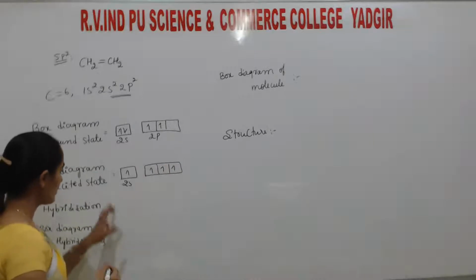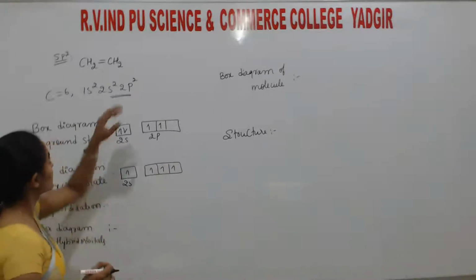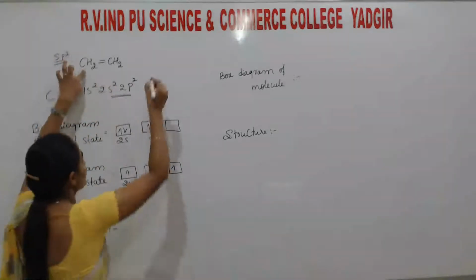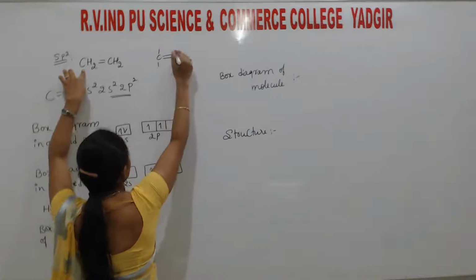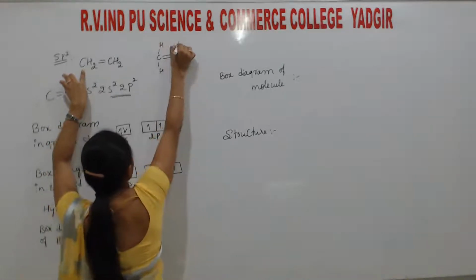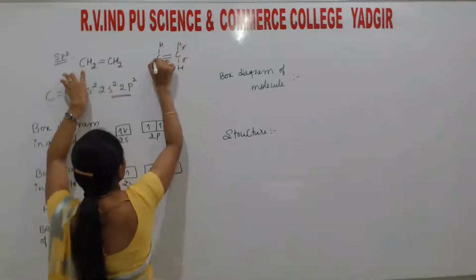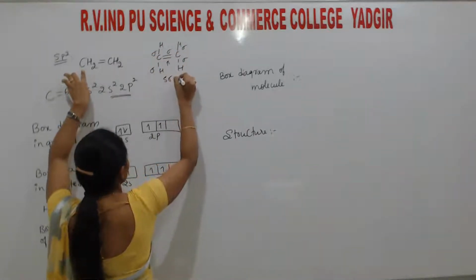Students, the main thing we need to observe is this. In this molecule, if I write like this, this is H. This is sigma, this is pi, sigma. So 5 sigma bonds are there.